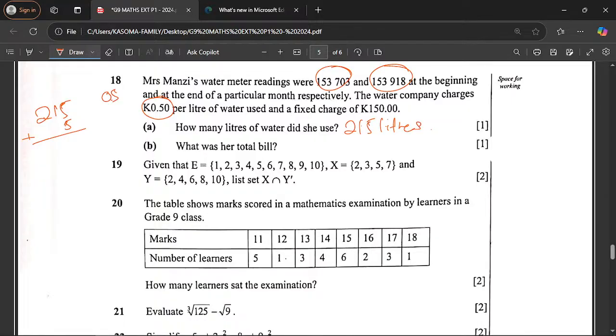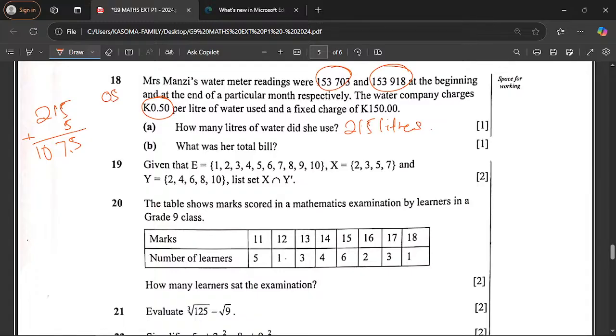Then I'll know the answer should have one decimal place. 5 times 5 gives us 25, so I write 5 carry 2. Then 5 plus 2 will be 10. So the cost of water itself, the price times the liters, will be 107 kwacha 50 ngwe.